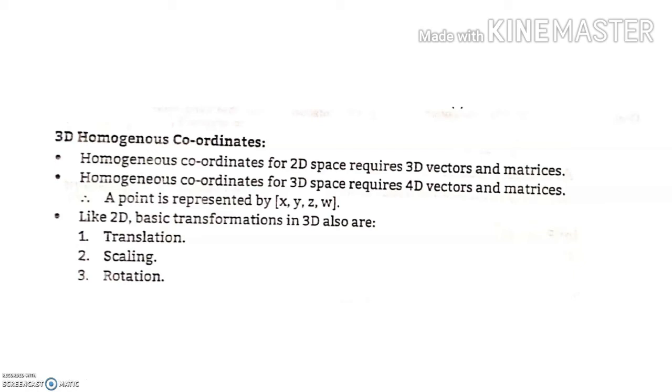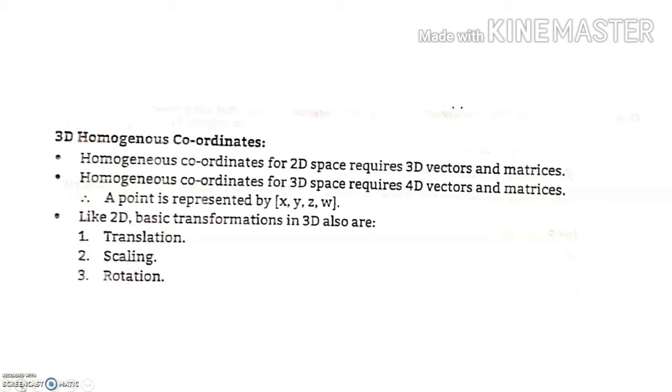A point is represented by X, Y, Z and W. Here 4D vectors are considered, meaning 4 vectors are considered to represent the 3D homogeneous coordinate. To represent the 2D homogeneous coordinate, we consider 3 vectors. Like 2D, the basic transformations in 3D are also translation, scaling and rotation.